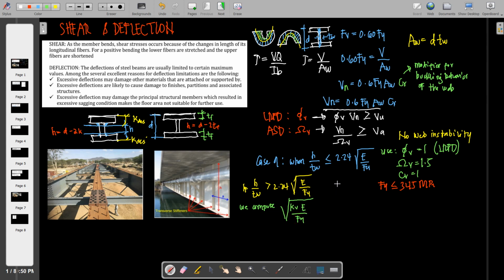So what is KV all about? Now, KV here is termed as the web plate buckling coefficient.